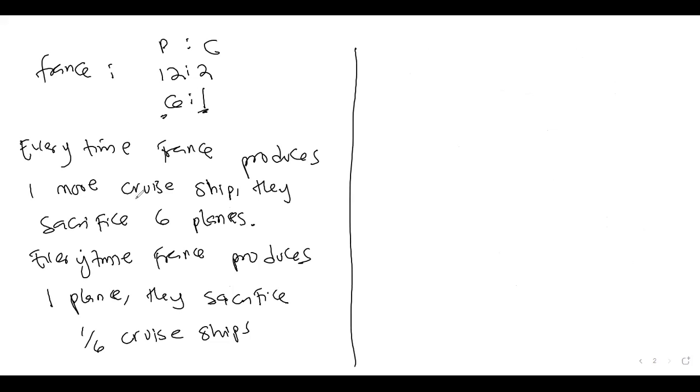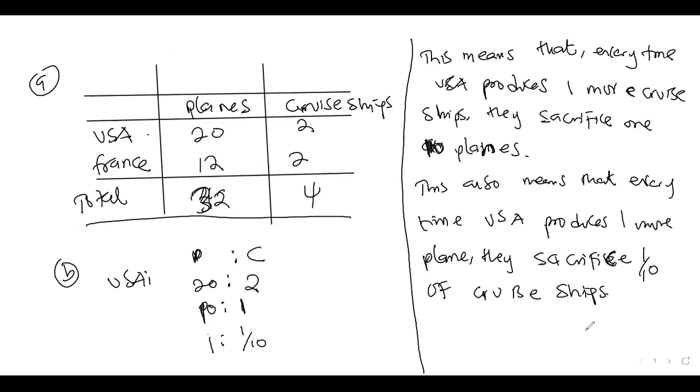Anytime France produces one cruise ship, they sacrifice 6 planes. So comparatively, it will cost France less to produce one cruise ship, because the opportunity cost they incur is 6 planes. But when US produces one cruise ship, the opportunity cost is 10 planes. That is too much.